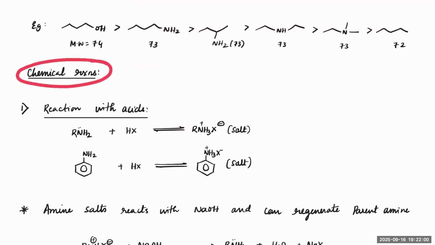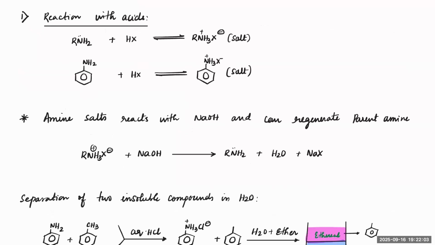Next. Now let's notice chemical reactions. First chemical reaction, it's more like an application in amines. Suppose I take amines, add it with HX, it is like an acid-base reaction. Clear? So you can see it will become RNH3 plus and X minus. This is the salt form. And if it is aniline and HX, you will have anilinium salt, correct?